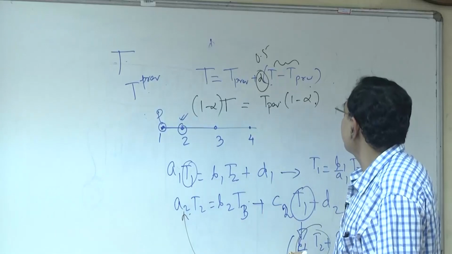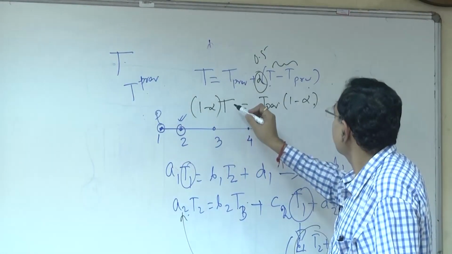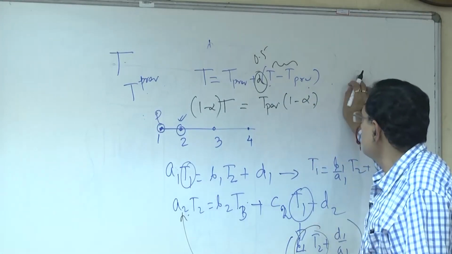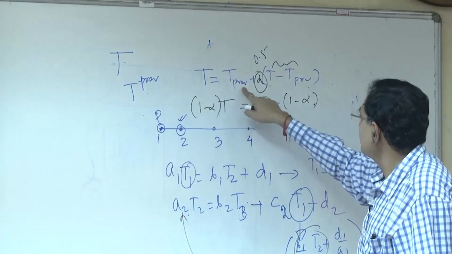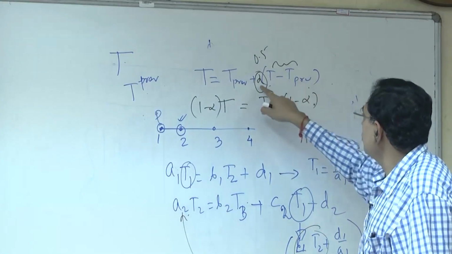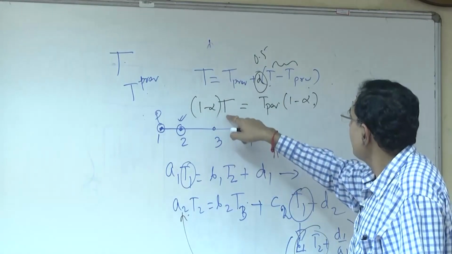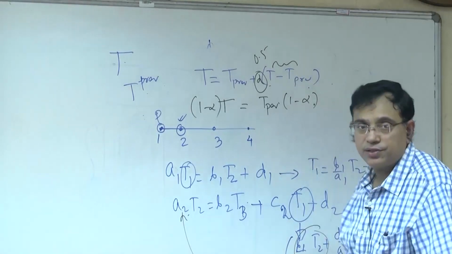So, now t equal to t previous plus... now if you multiply it with alpha, so let us see t, then 1 minus alpha and then t previous into 1 minus alpha, right.